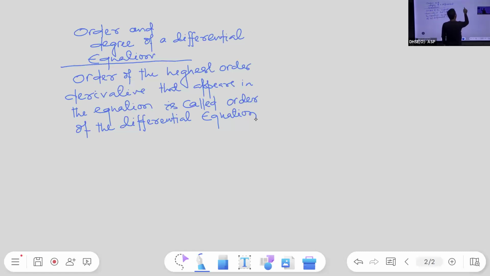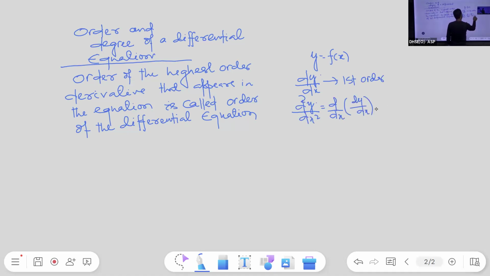You see, suppose y is a function of x. So dy upon dx is called first order derivative. d square y upon dx square, which is the derivative of dy upon dx, is called second order derivative. d cube y upon dx cube is called third order derivative, and d^n y upon dx^n is called nth order derivative, right?